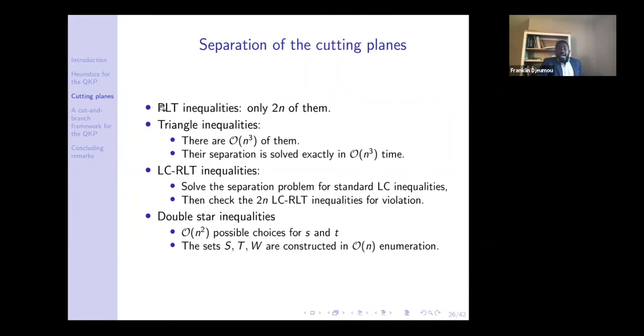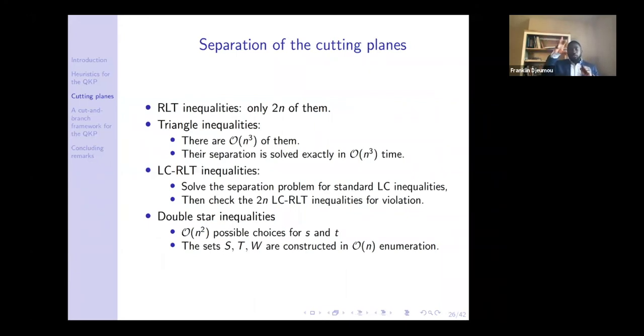So when it comes to the RLT inequalities, you can just enumerate all of them. They are a total of 2n. So that's very easy to separate. Triangle inequalities also, if you want to enumerate all of them, you have a total of n cubed. So you can do enumeration for all of them. But we have currently developed a heuristic way of generating the strongest triangle inequalities that runs in linear time.